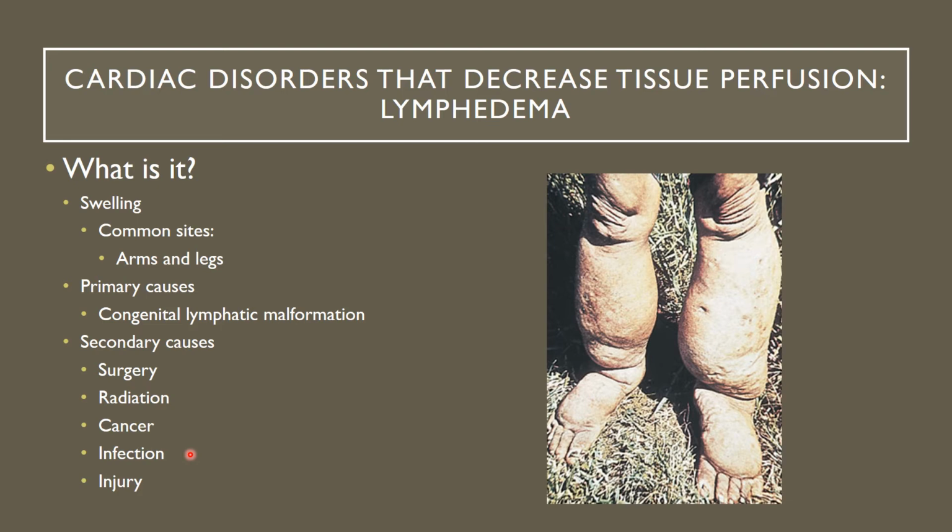Well, the parasite buildup blocks lymphatic flow back to the heart. Okay? And so this is an image of a condition called elephantiasis, okay? And this is from a parasite that is transmitted by insects, okay? And it blocks the lymphatic flow, and it leads to buildup of fluid.